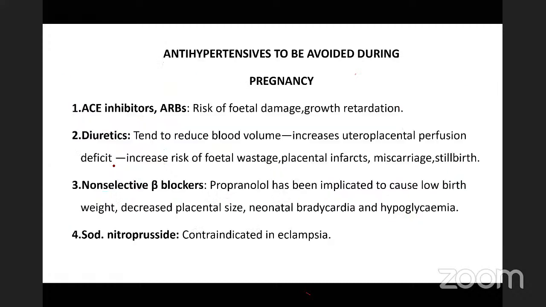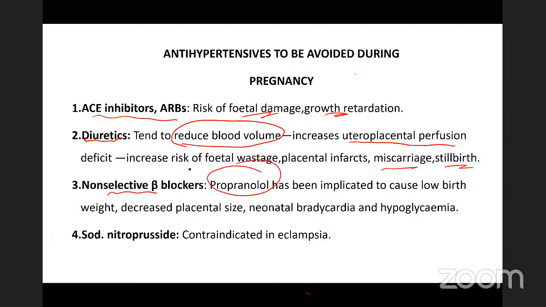So what are the drugs to be avoided in pregnancy? ACE inhibitors and ARBs, we know they are teratogenic, causing fetal damage and growth retardation. Diuretics, because we know they reduce the blood volume and uteroplacental perfusion will be reduced, which leads to miscarriage and stillbirth. Non-selective beta blockers like propranolol cause low birth weight, decreased placenta size, and neonatal bradycardia.